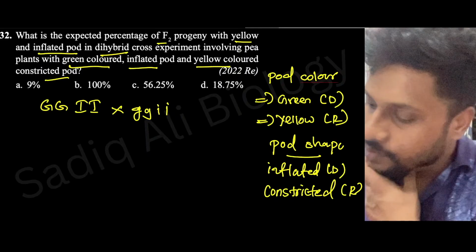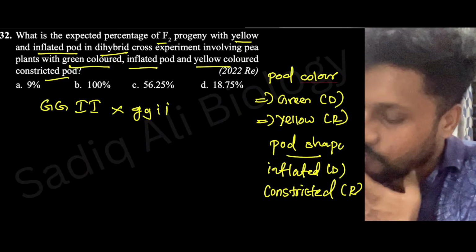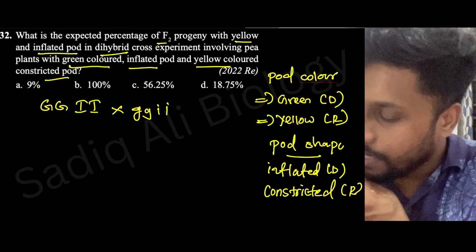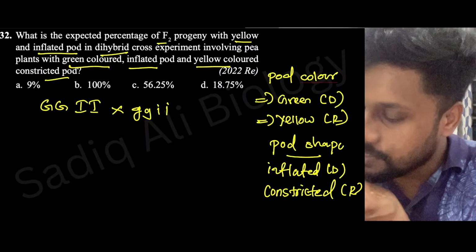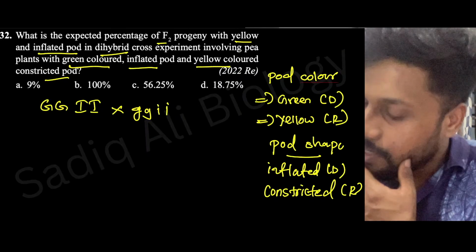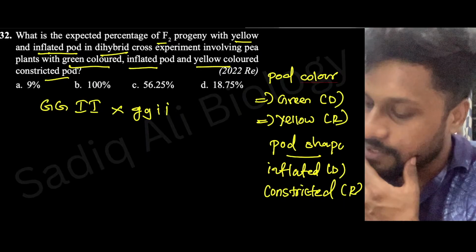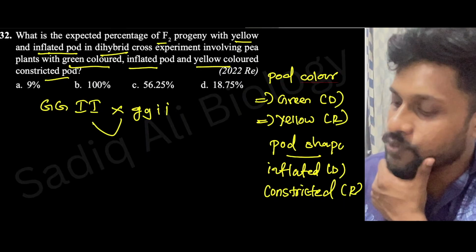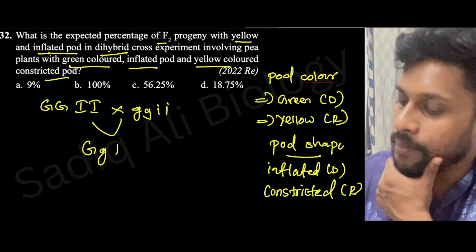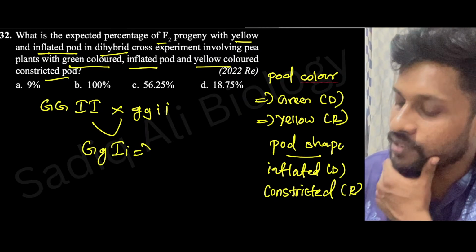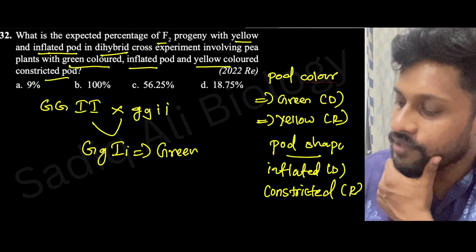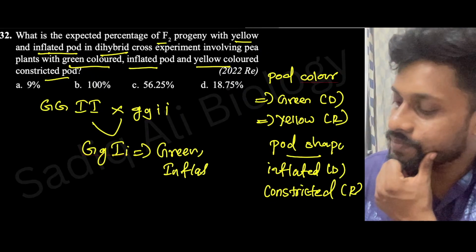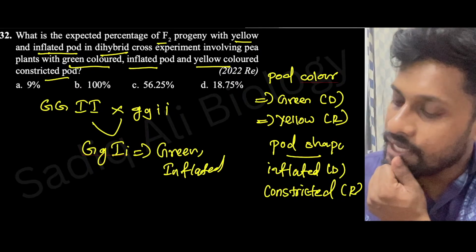Crossing pea plants with a green colored inflated pod and yellow colored constricted pod. And they are asking what? Yellow and inflated. Yellow means what? So if we cross this, what will we get? Capital G, capital I, small i, which means green pod with inflated. So here what they're asking is yellow and inflated.